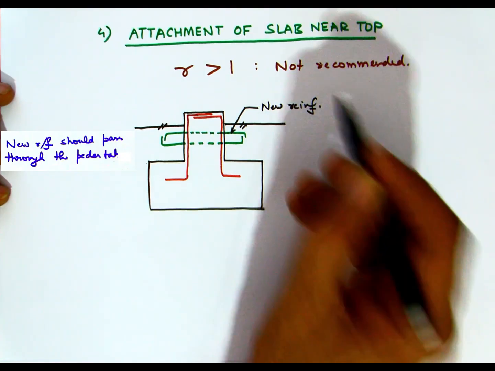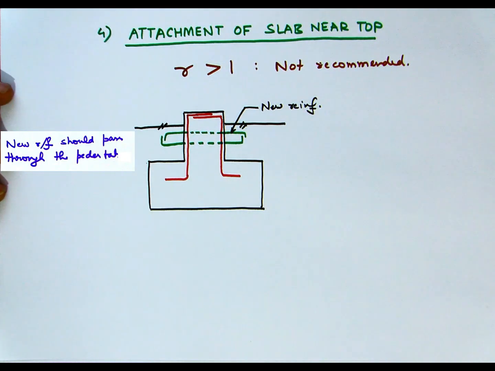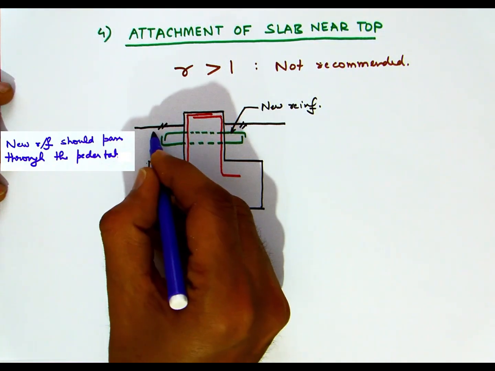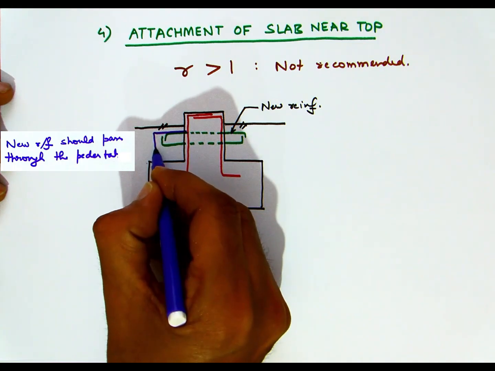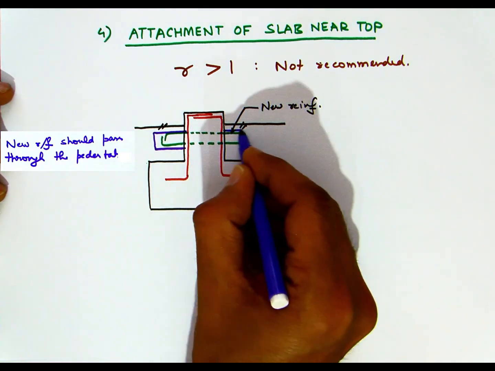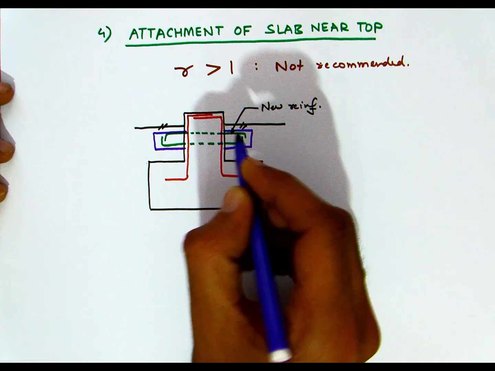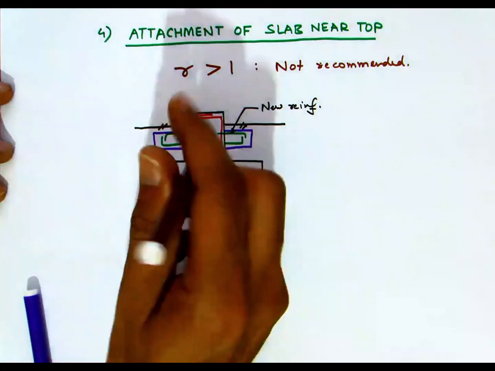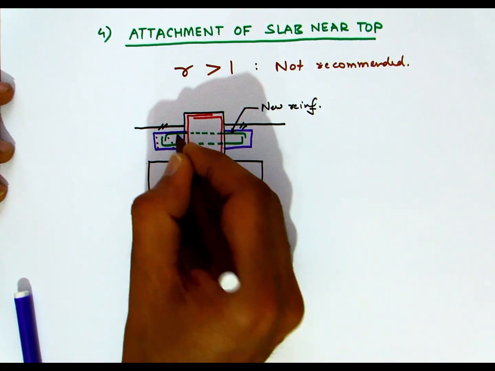In case of very large pedestals, the reinforcement must penetrate to the minimum development length and should be welded to the existing reinforcement. After this step, then the new slab can be cast all around the pedestal.